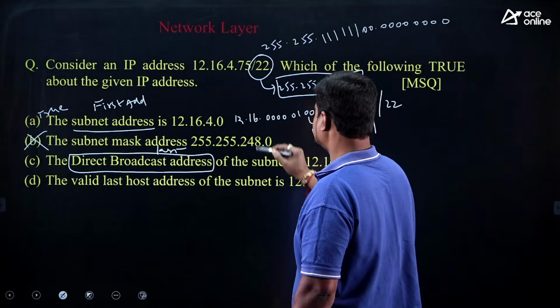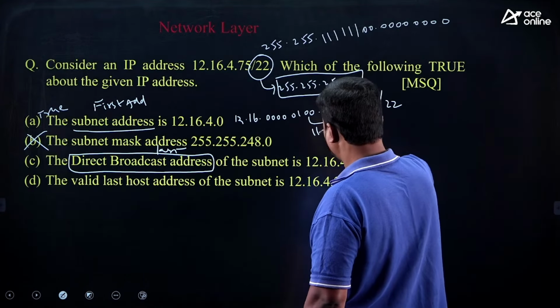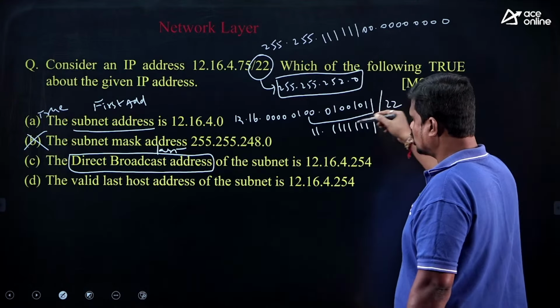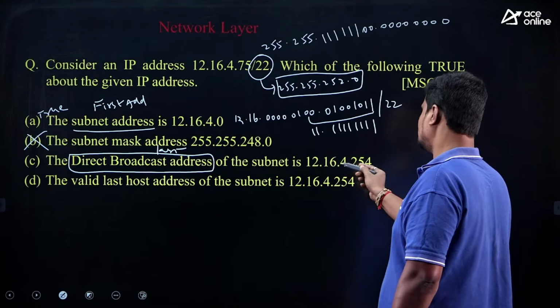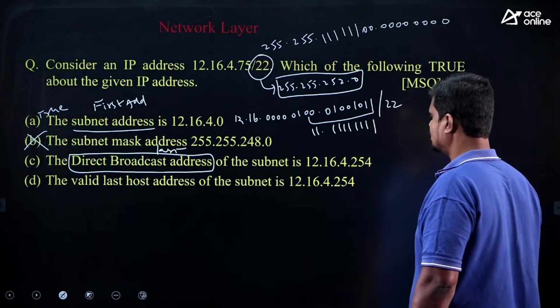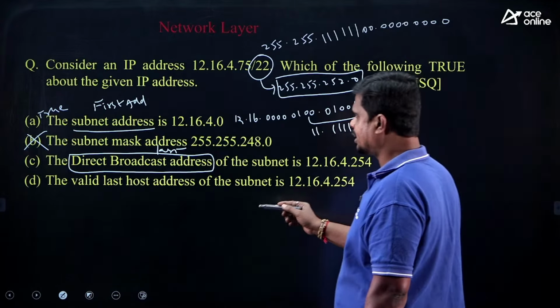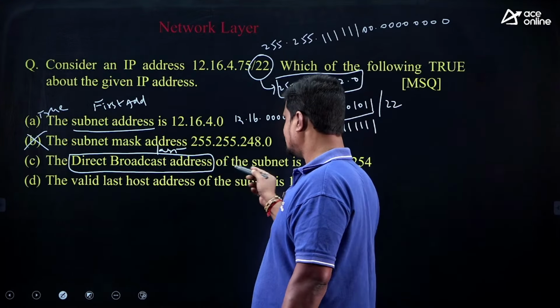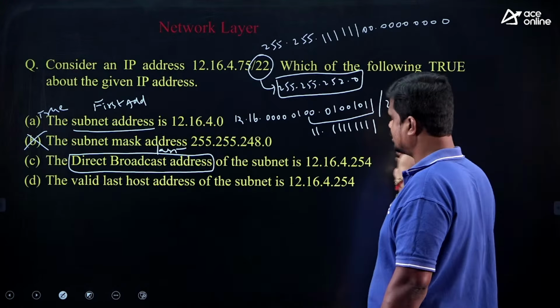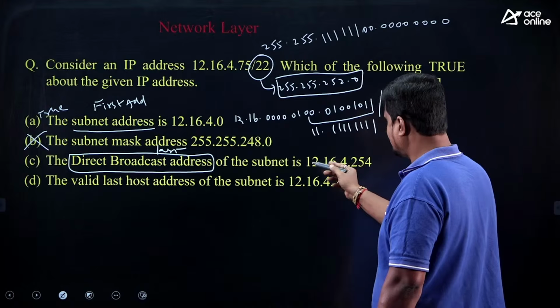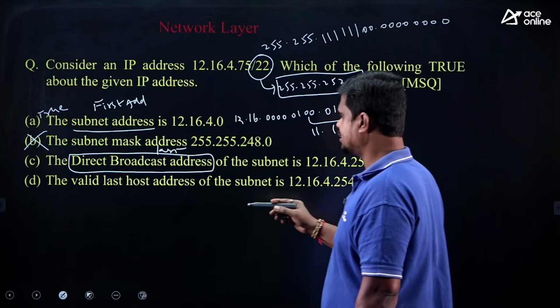It is going to be 12.16.7.255. But here it is given 12.16.4.254. But actually the broadcast address is the last address, with all ones in the host ID portion, right? But here it is not like that. So that's why this is false.